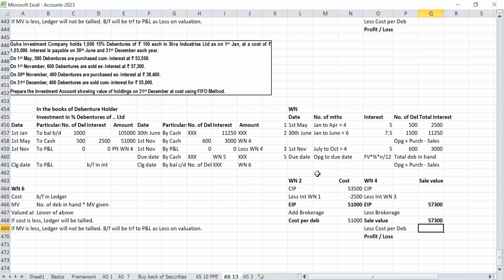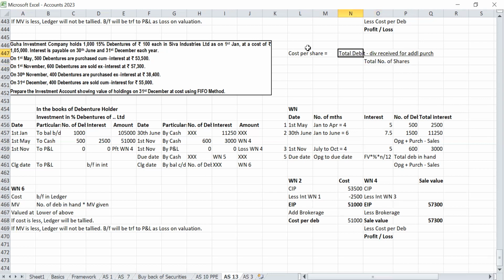If it is shares instead of debentures, what will we do for cost computation? Cost per share we will compute as total debit, minus dividend received for additional purchase, divided by total number of shares.